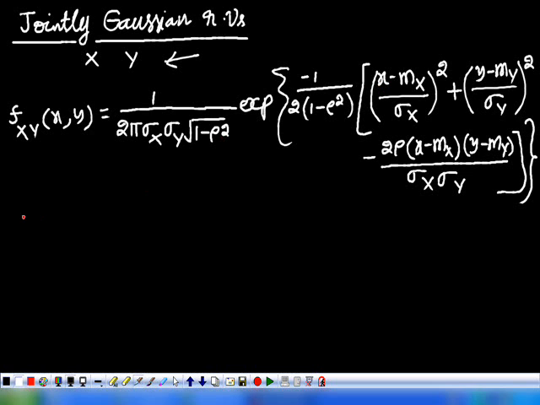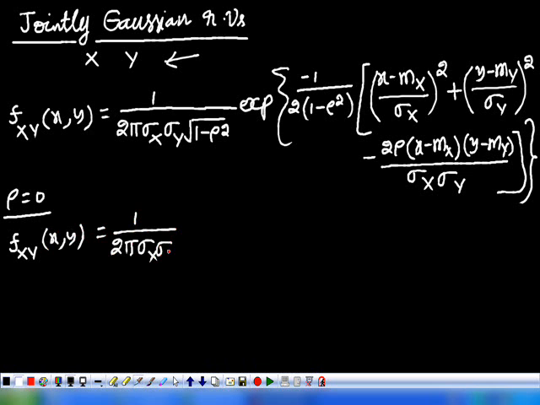Now we let rho equal 0. That is, the correlation coefficient is 0. Then fxy of x comma y is equal to 1 divided by 2 pi sigma x sigma y, e power.